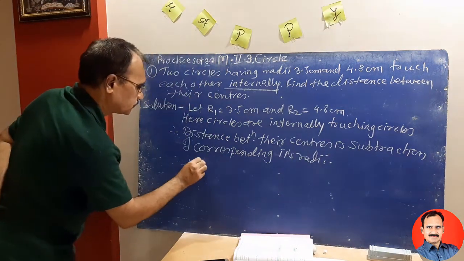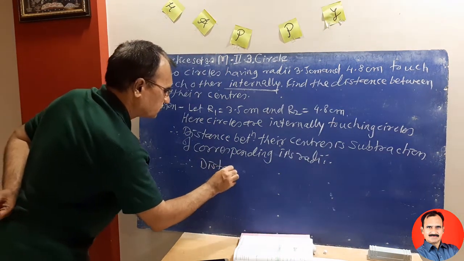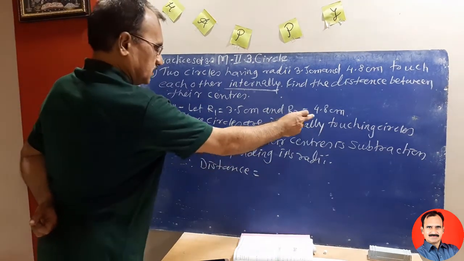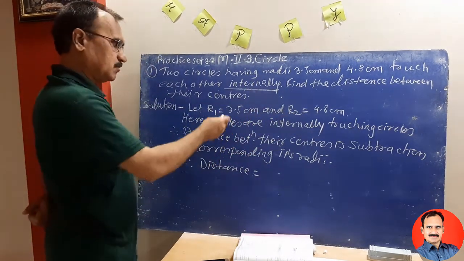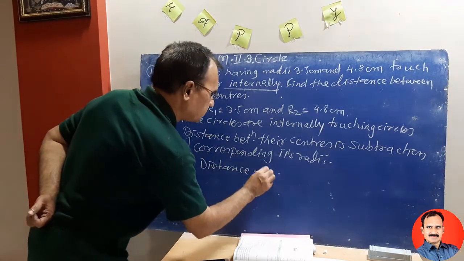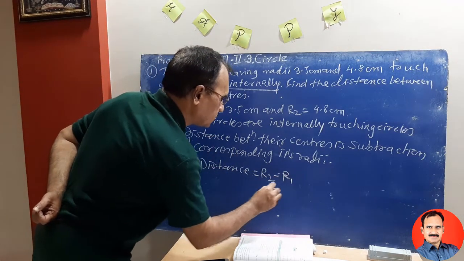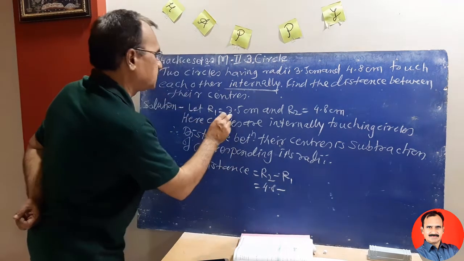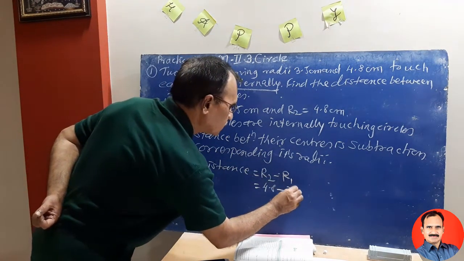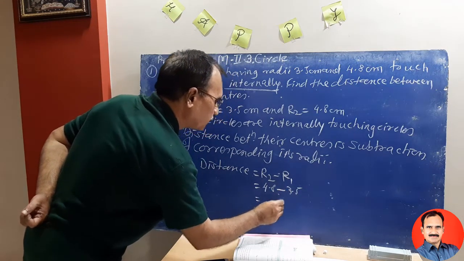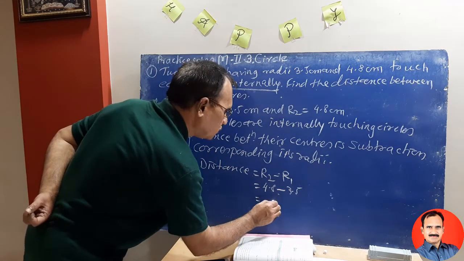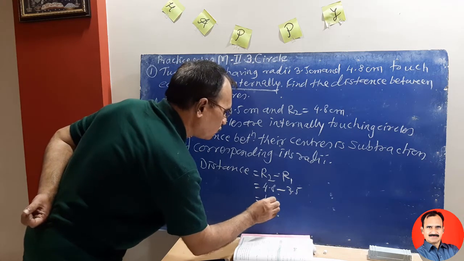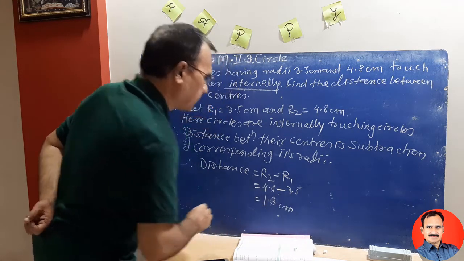Therefore, the distance is equal to, here R2 is the bigger number compared to 3.5, so the distance is R2 minus R1, which is 4.8 minus 3.5, which is 1.3 cm.